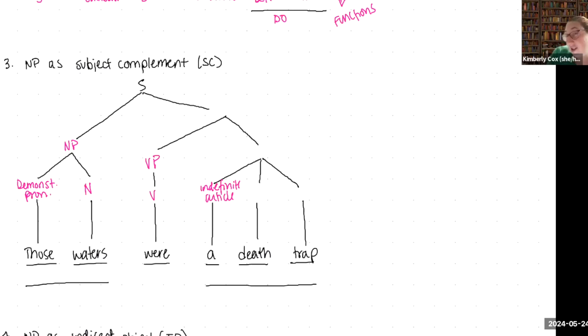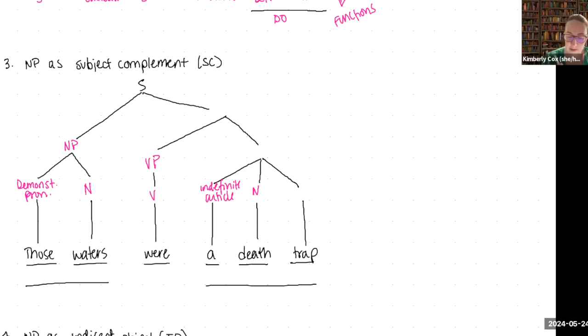Here it's doing something a little bit interesting. We can't really say deather or deathiest or very death or more death or most death. So really what we have is a noun, but it's not functioning as a noun. So this is where things get interesting.